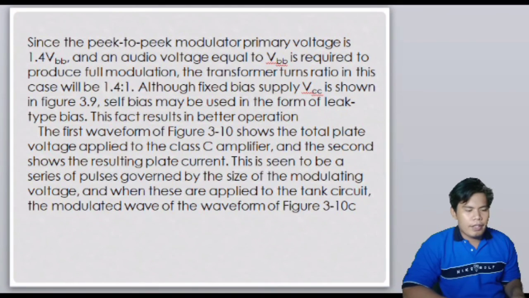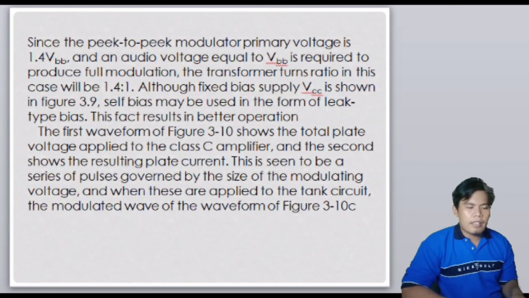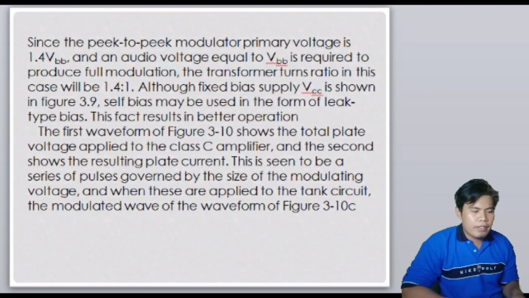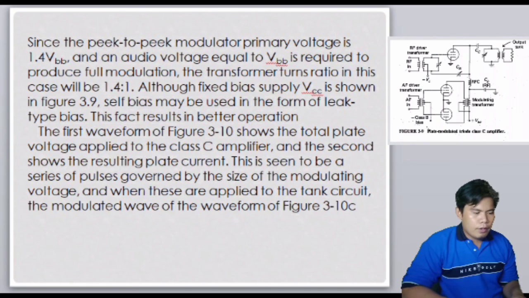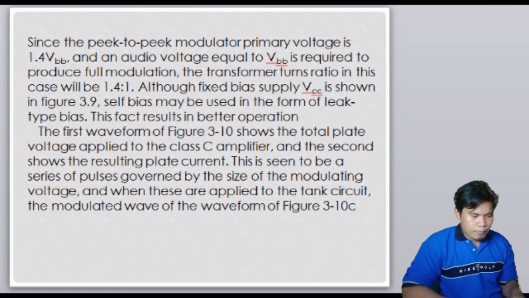Since the peak-to-peak modulator primary voltage is 1.4 VBB and an audio voltage equal to VBB is required to produce full modulation, the transformer turns ratio in this case will be 1.4:1. Although a fixed bias supply VCC is shown in figure 3-9, this fact results in better operation.